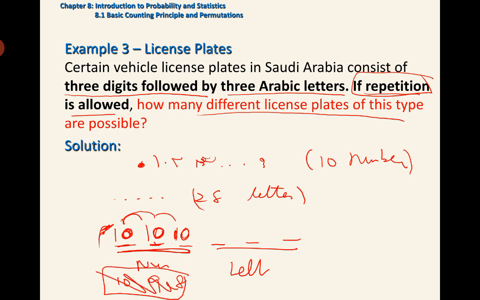But in our case, repetition is allowed, so all 3 places can be filled by any of the 10 numbers. Similarly, out of 28 letters, any letter can occupy the first position, any other letter can occupy the next position. So we have to multiply all these.